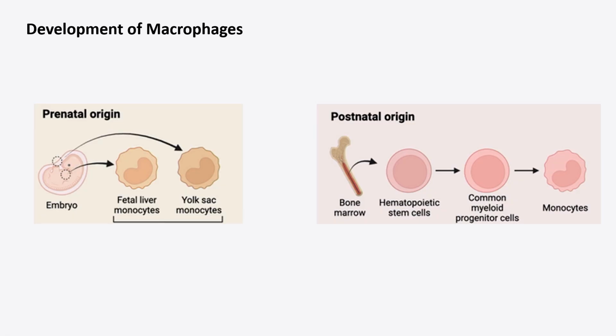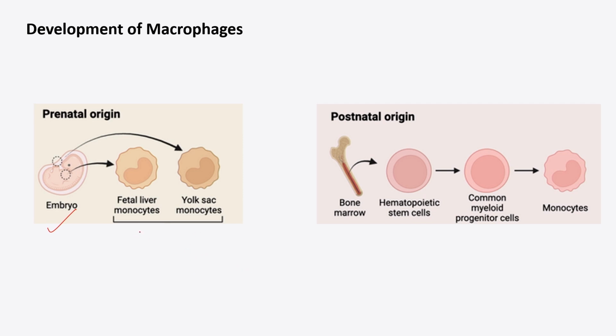But let's try to see some of the things which are related to early embryonic development and the later phase. I'll just give an example of the macrophages. For example, we'll see that macrophages are important antigen presenting cells, and these arise at different stages in the life cycle. For example, if you see here the prenatal origin, prenatal stands for just before birth. So the embryo is there, and the embryo can make multiple cell types in a different sense.